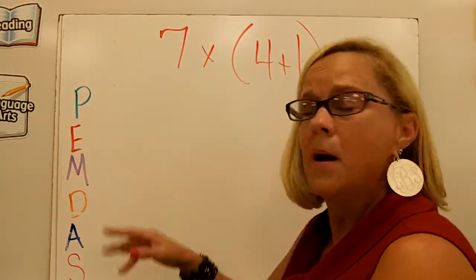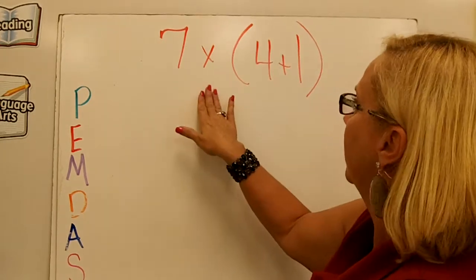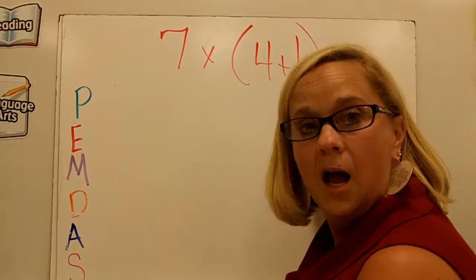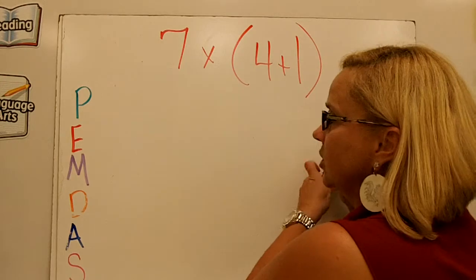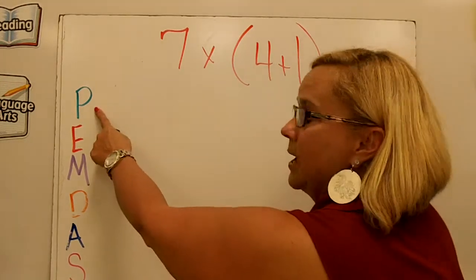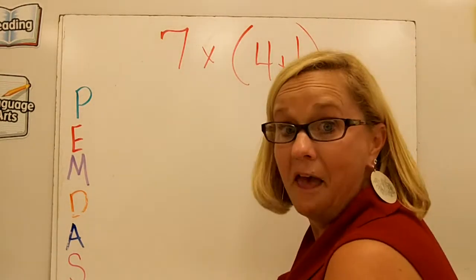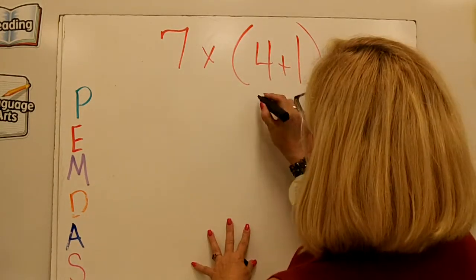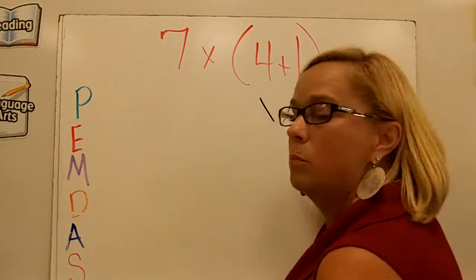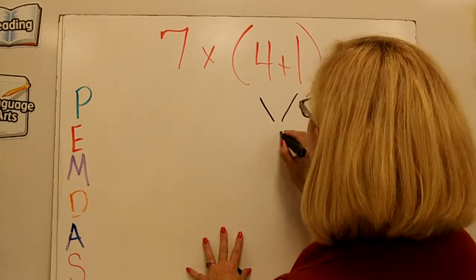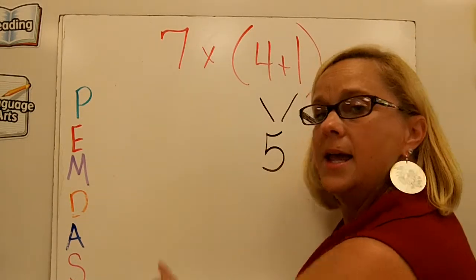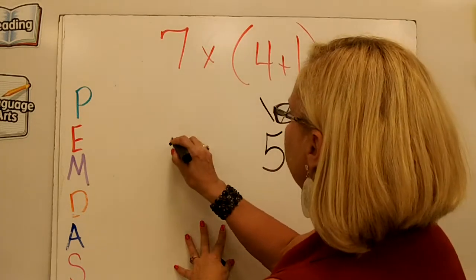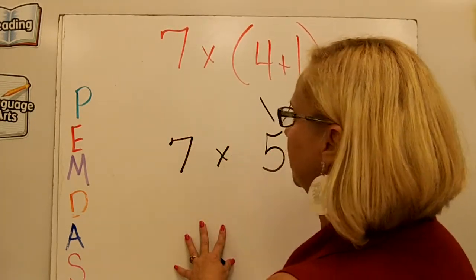All right, now my expression is 7 times 4 plus 1. I'm going to use my order of operations, and notice that my P is for parentheses. I have parentheses this time, so I'm going to solve that first. 4 plus 1 equals 5. All right, now I still have my 7. I'm actually going to bring it down here.